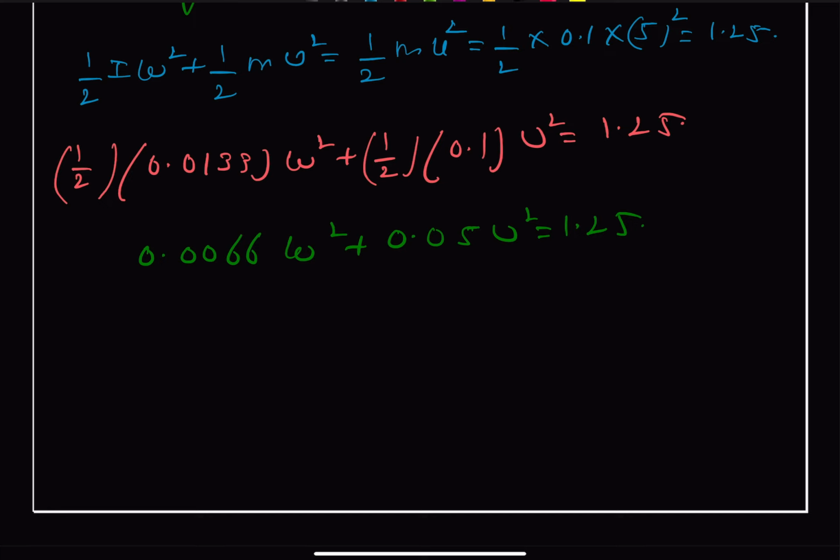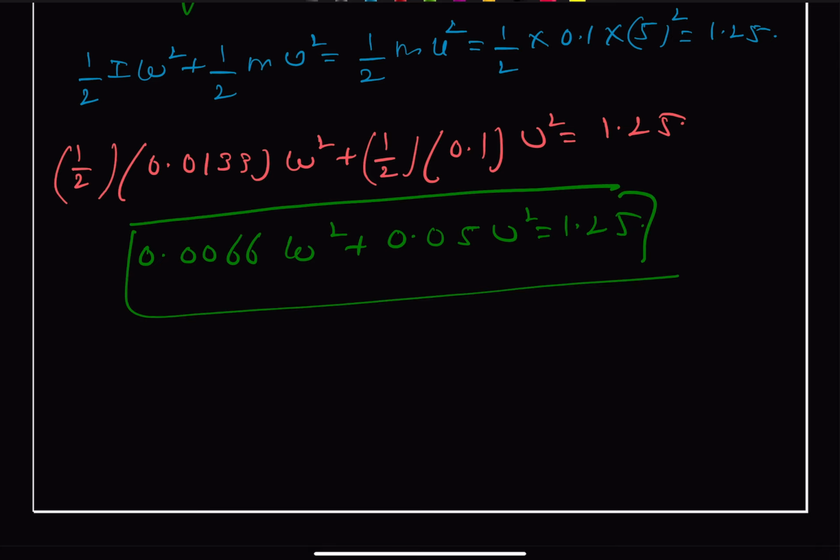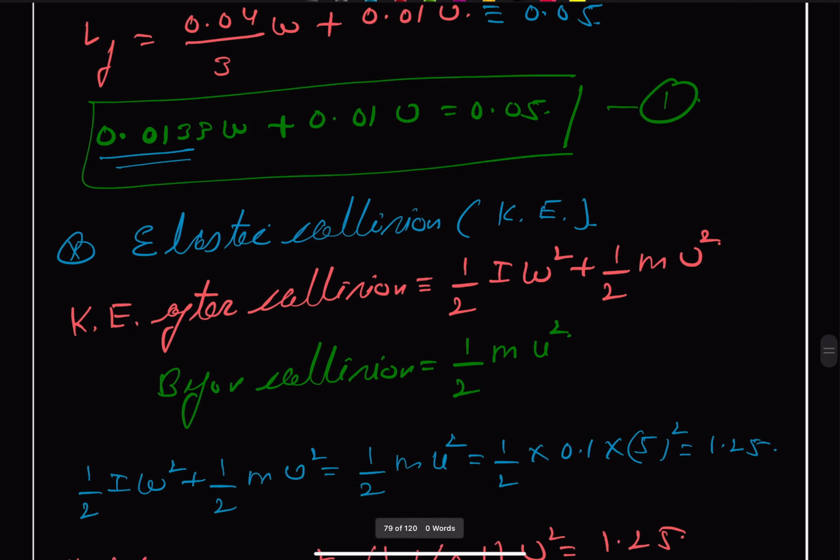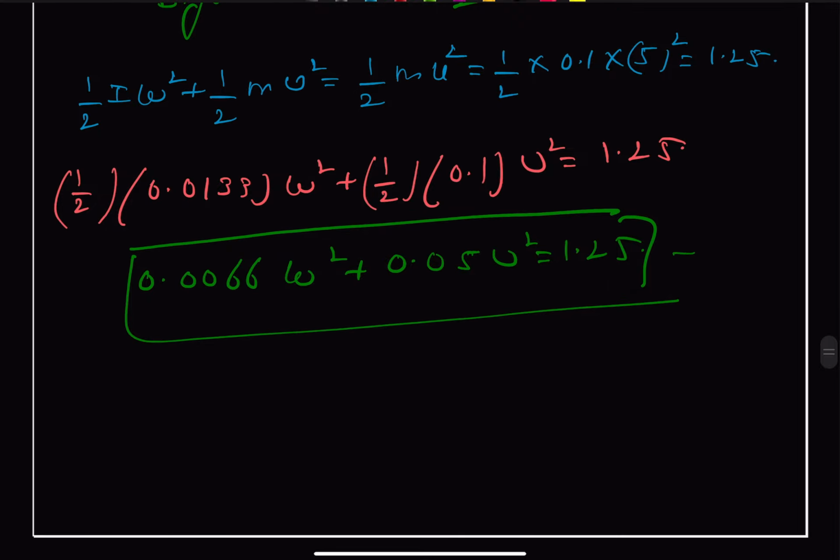And we have two equations. This is equation number 1 and this is equation number 2. So from equations 1 and 2 we can solve for omega as well as v.